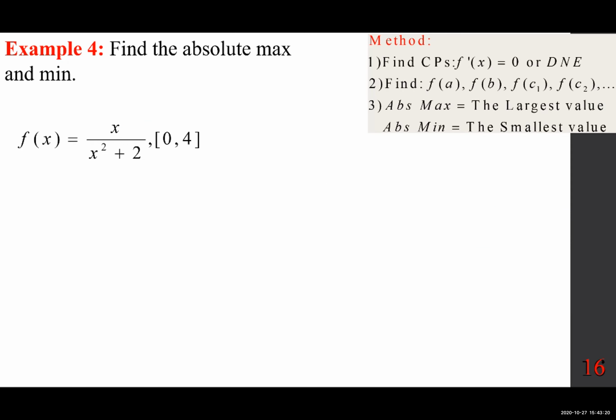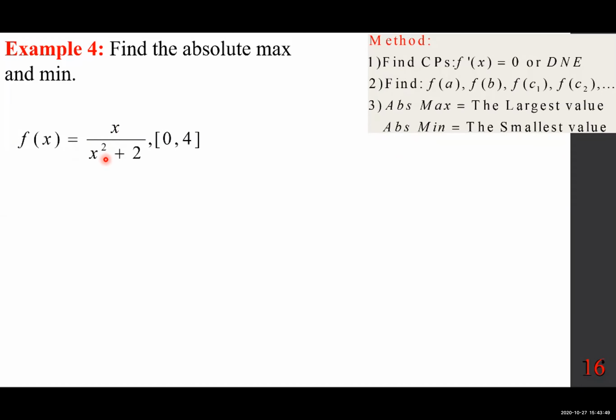We want to find the absolute max and min. Again, we go through the process, which requires first understanding the domain and range of this function. So the question is, what type of function do we have here? I hope everybody can recognize this is a rational function. A rational function is defined as a fractional function where the top and the bottom are both polynomials.